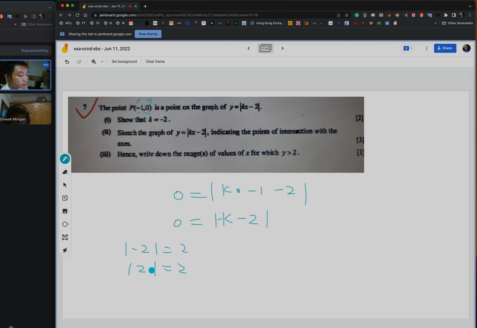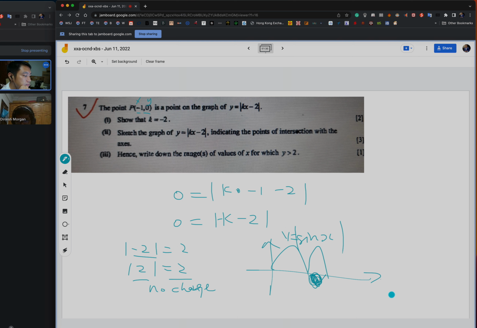So let's say this is the sine curve. If I give you a modulus sign, all the negative region needs to flip on top, and the line of symmetry is the x-axis. Does it make sense to you?